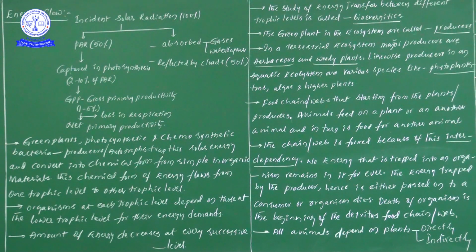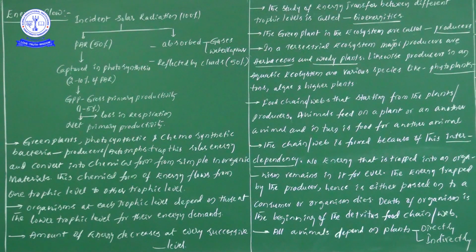When energy is trapped by the producers, two ways are there. One is that the energy is transferred to the next trophic level, for example to consumers, or that particular producer dies, and then that energy cannot go anywhere.